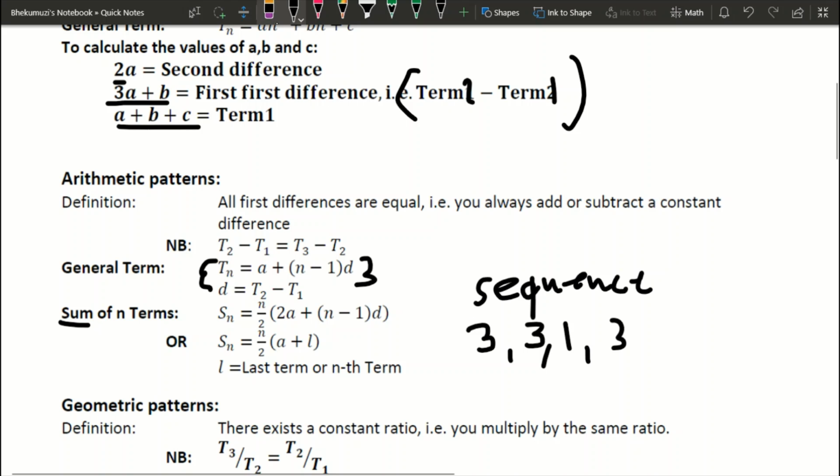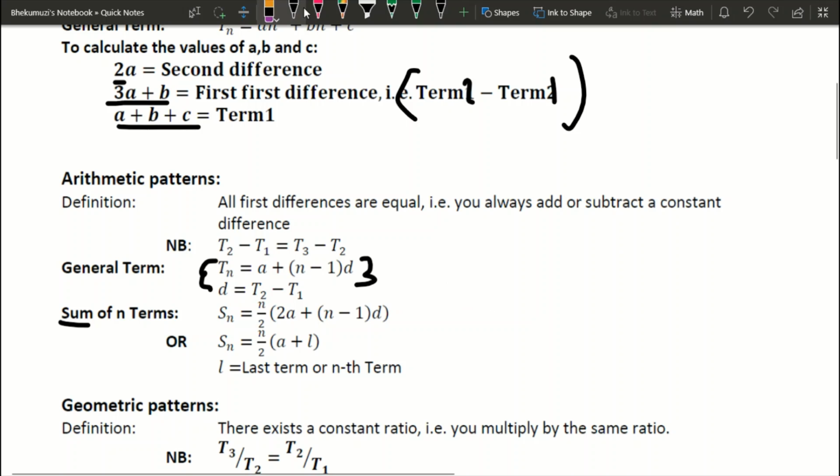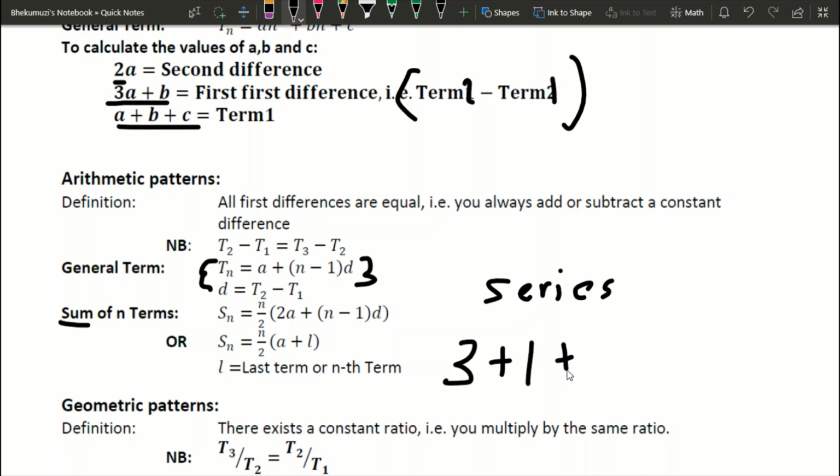But when we talk about a series, then we start talking about something quite different. We are talking about actually these numbers being added together to a certain finite value or infinite number, right? Now, that is a sequence and series.